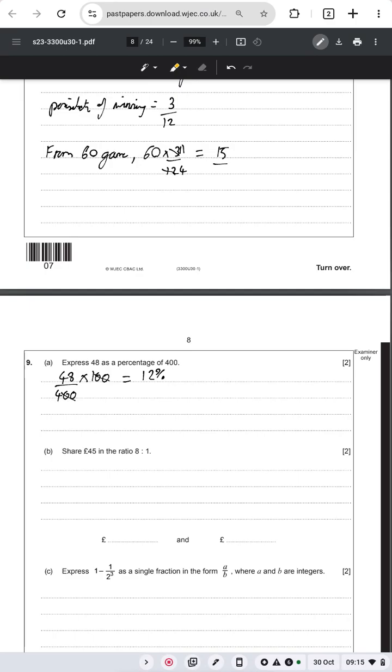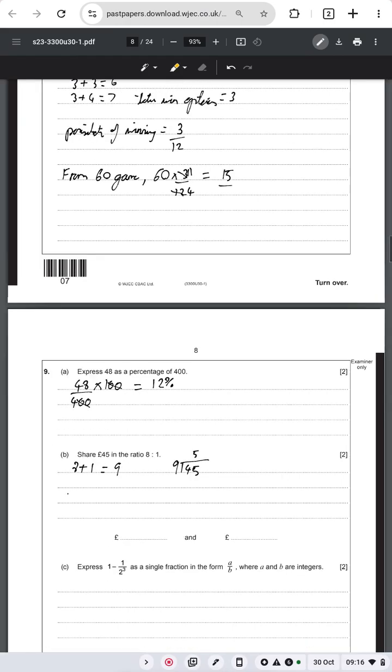Divide 45 in a ratio of 8 to 1. So we're going to start off by doing 8 plus 1 is equal to 9. And then we find one portion by doing 9 into 45. I'll do this as a division, which is 5. So one portion is equal to 5.